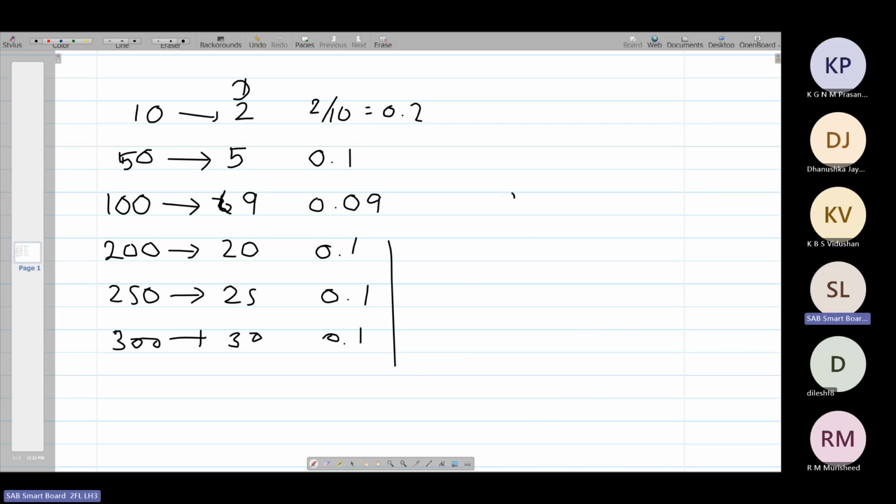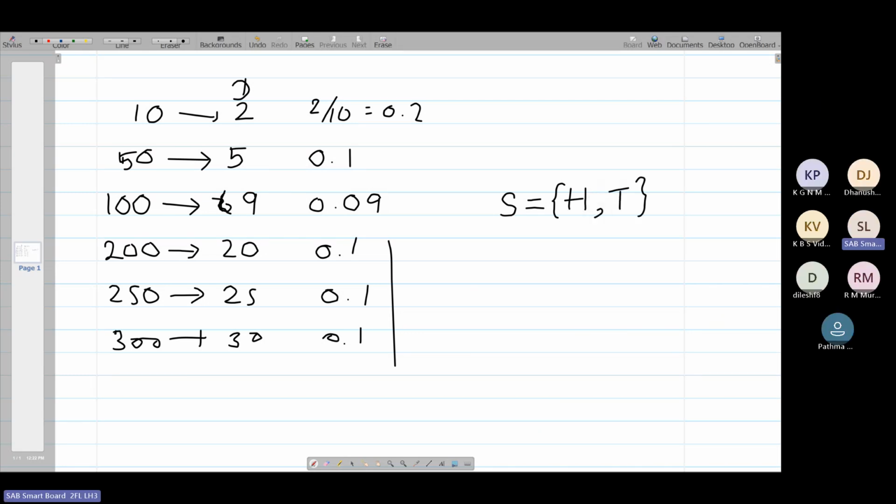Normally the sample space is denoted by the letter S, then an equal sign, then open the curly bracket. We can mention the outcomes in here: head and tail. This we call the sample space. It consists of all the possible outcomes. Understood?